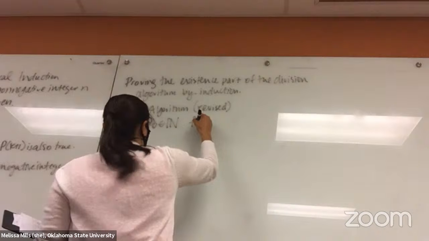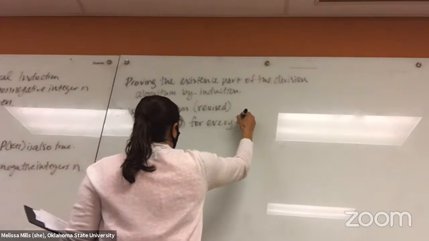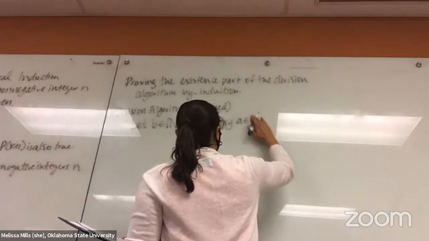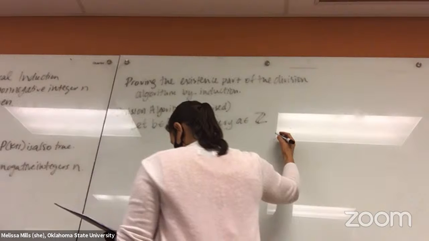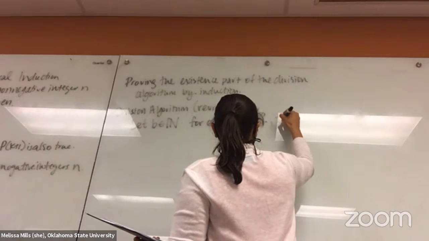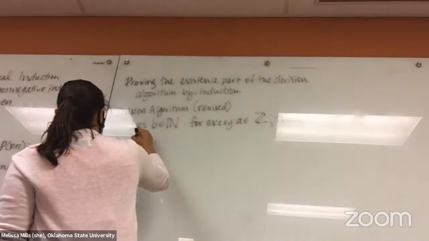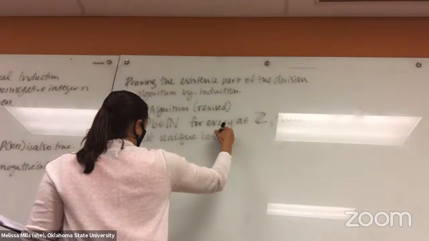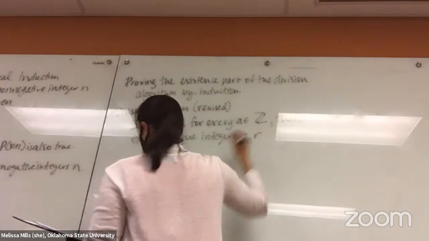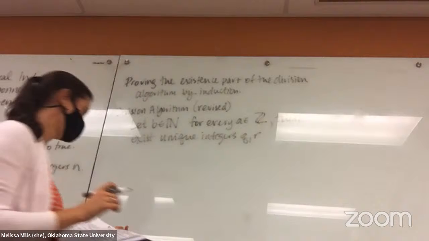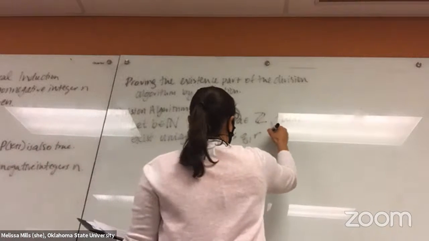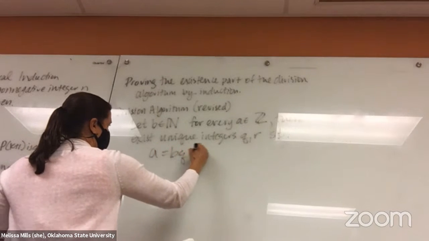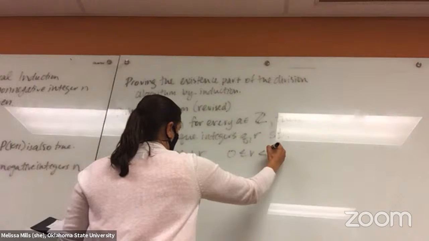Then we say for every A in Z, there exist unique integers Q and R such that A equals BQ plus R and 0 less than or equal to R less than B.